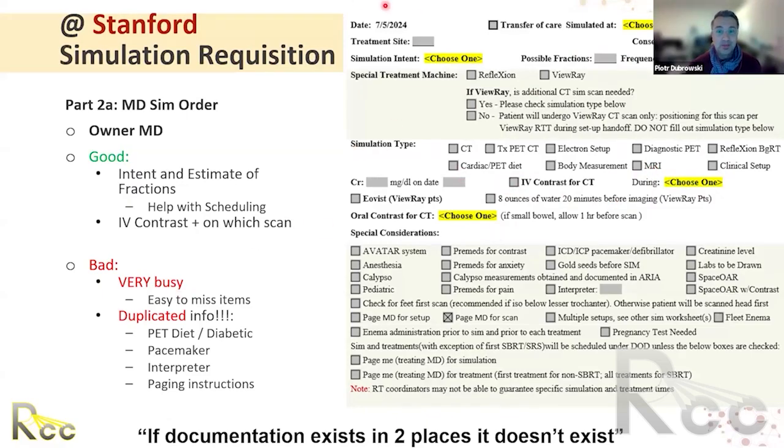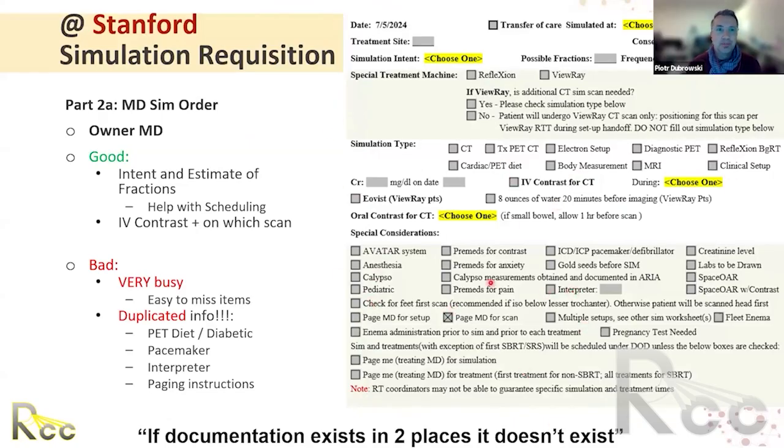Bad things, as you can hopefully appreciate, this is a very, very busy document. There is so much information on here. We have this incident reporting system where anybody from doctors to therapists can submit issues that they have, like miscommunication. So we get a lot of reports submitted from our staff about things on here being missed.